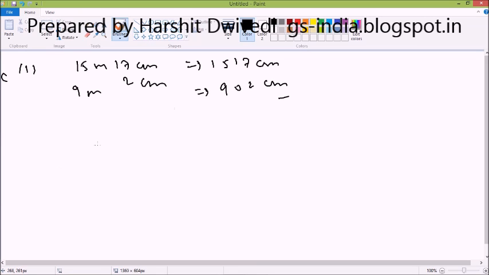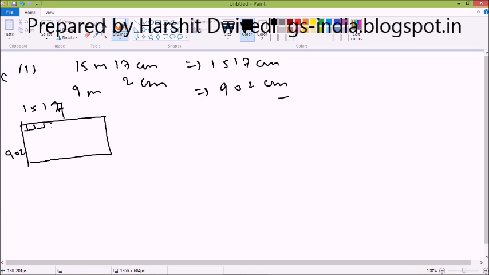We have to calculate the HCF, because if there is a room in which this side is 1517 and this side is 902, we have to cover the whole floor with square tiles like these.